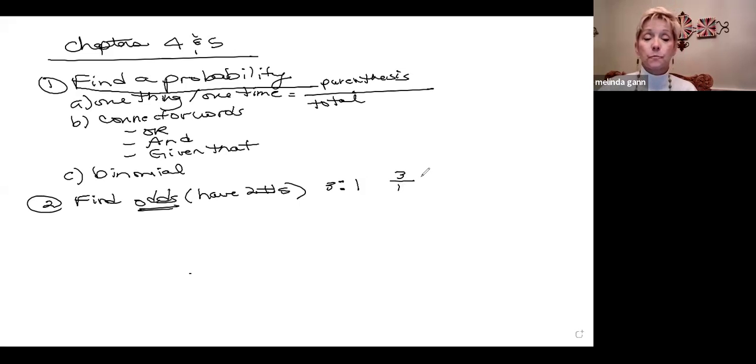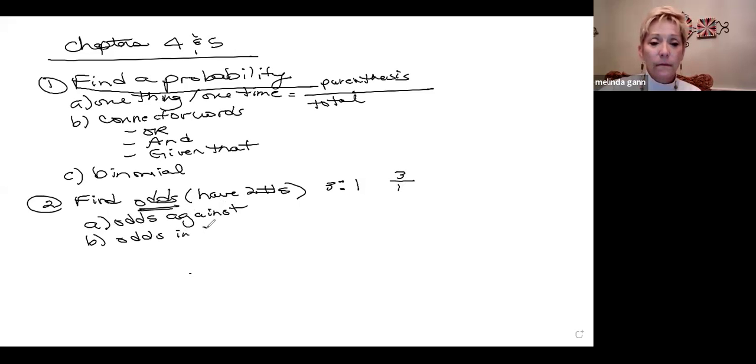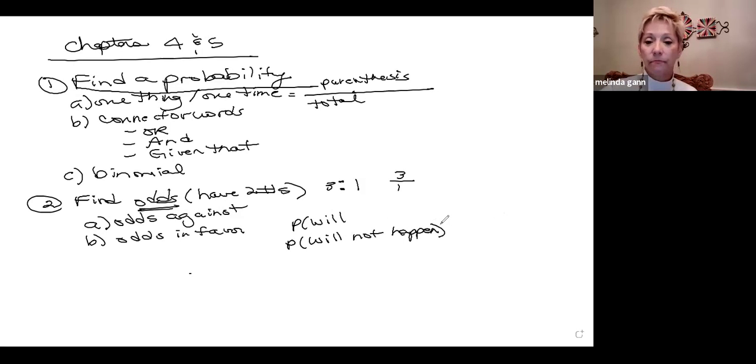Now, there are 2 kinds of odds: odds against, and odds in favor. So anytime it says find the odds, I know I've got to have the probability that something will happen, and I've got to have the probability that something will not happen, every time.